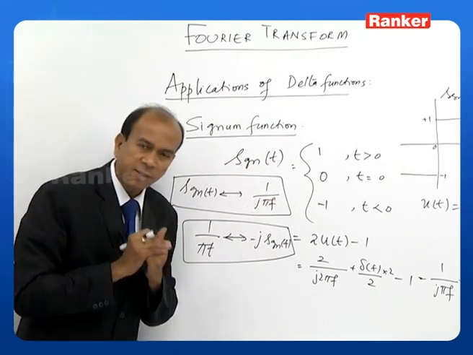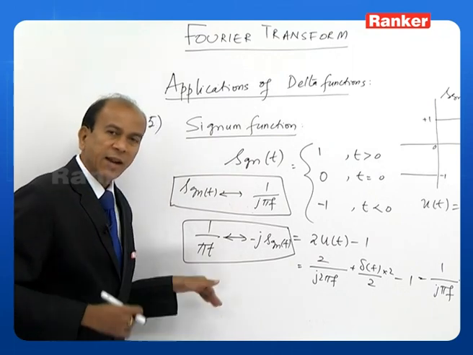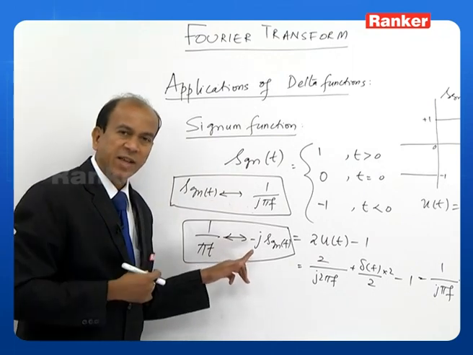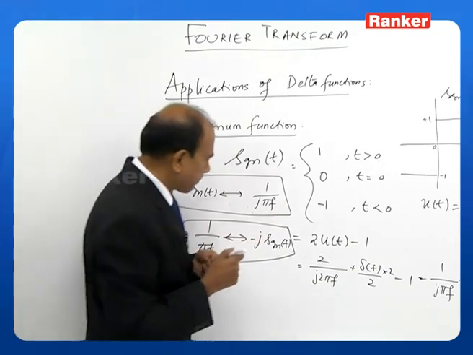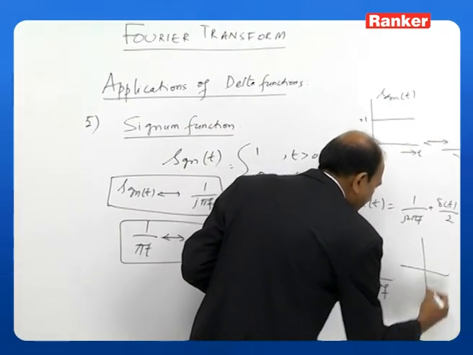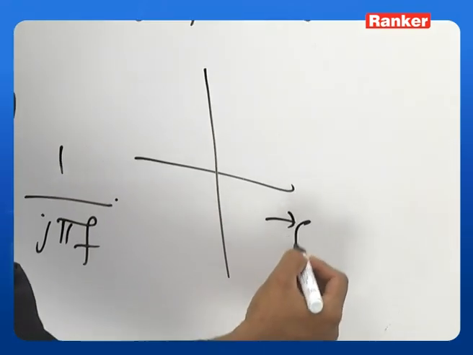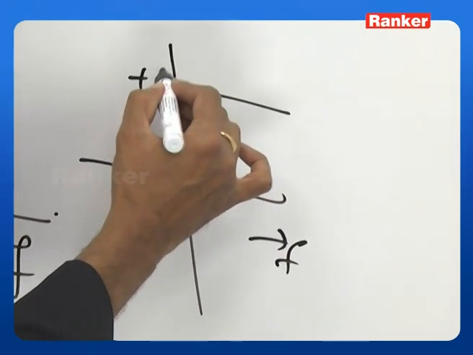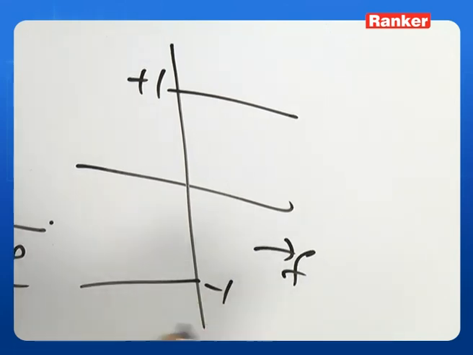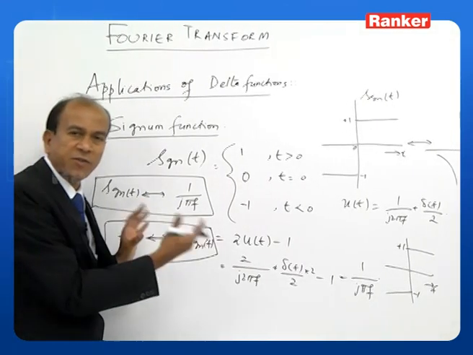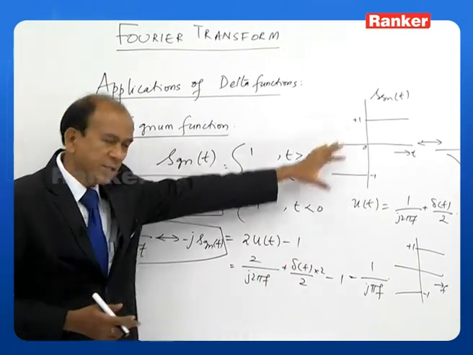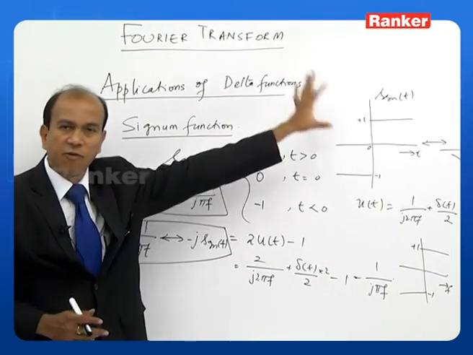Apply a duality property to this, then 1 by pi t will have a Fourier transform as minus j Signum of f. That means, Signum of f again will be simple here. For f, now it is f here. So, it will be plus 1 for f greater than 0 and minus 1 for f less than 0, of course, with a certain multiplication factor of minus j. Okay. So, this is the Signum function for us.